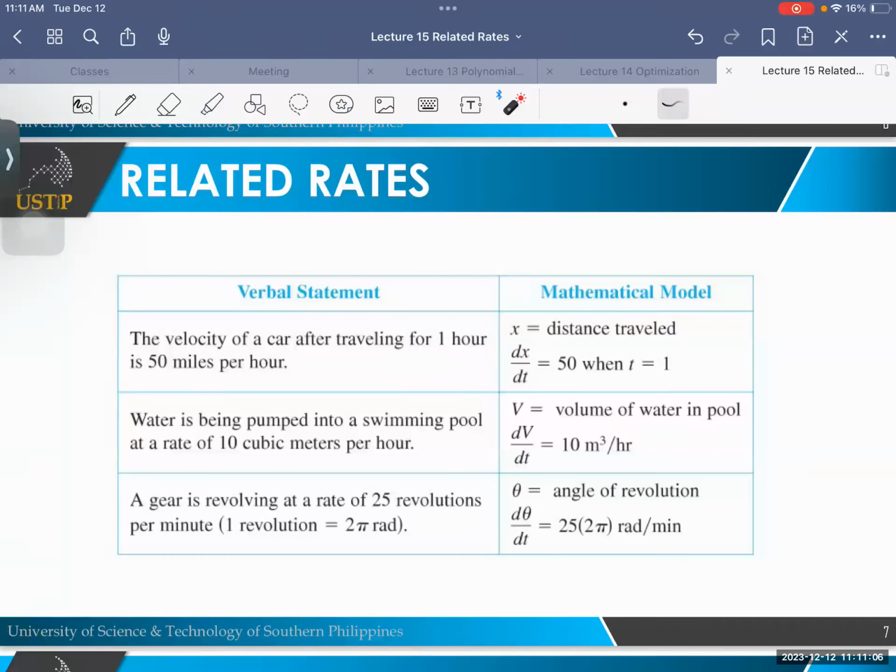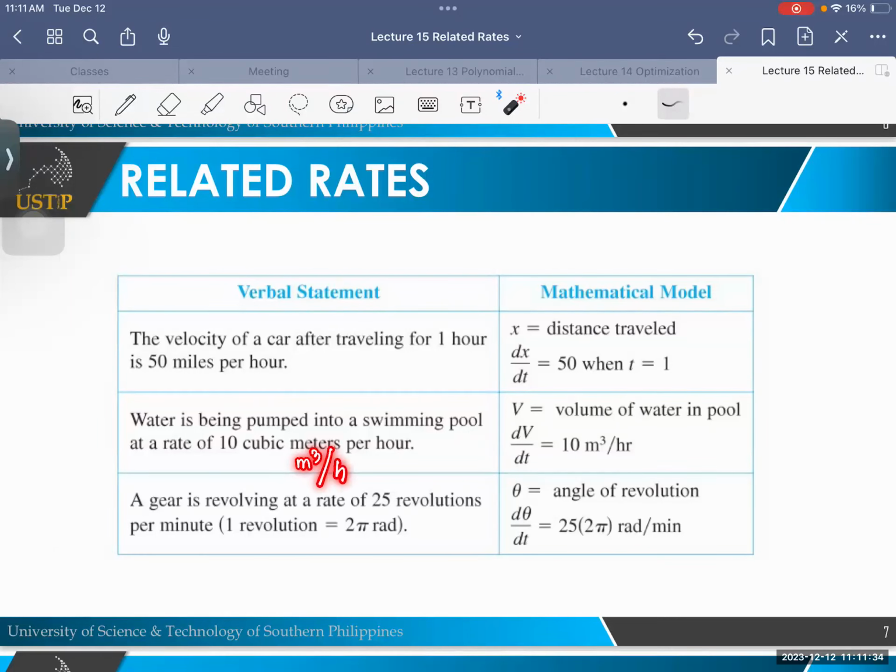Okay, next. Water is being pumped into a swimming pool at a rate of 10 cubic meters per hour. So when you see cubic meters, even if wala giingon diya class, makabalo man ka based sa unit what kind of variable it is. Cubic meters per hour.